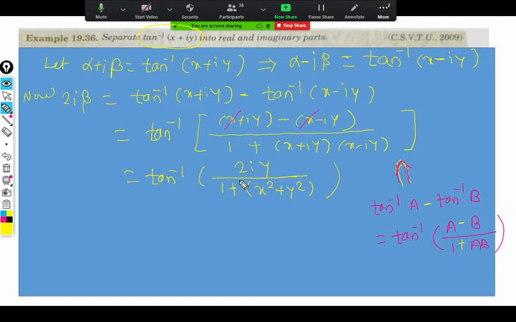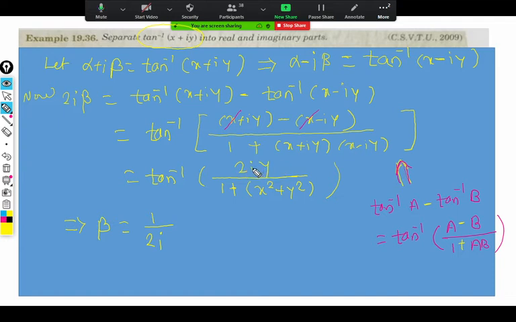Okay, now this is 2I beta. So I will say beta is 1 upon 2 iota times the tan inverse of 2 iota y.